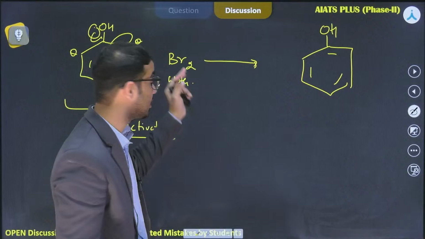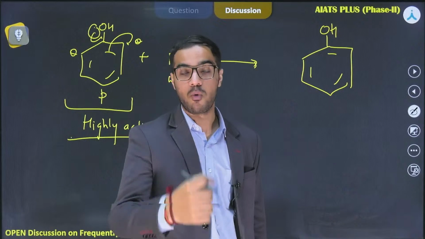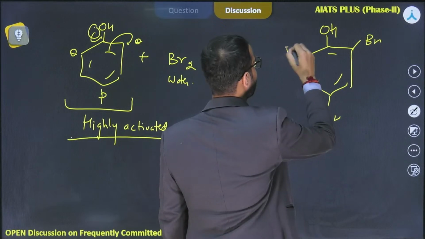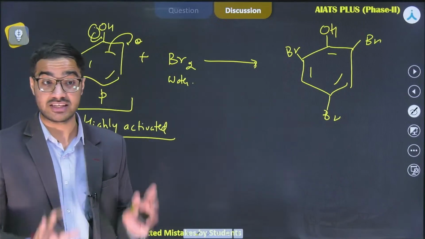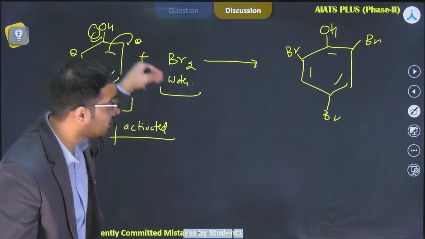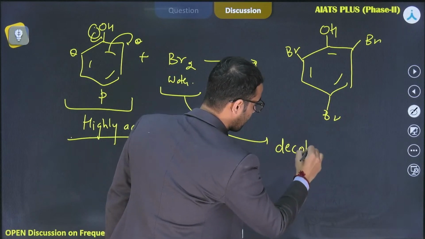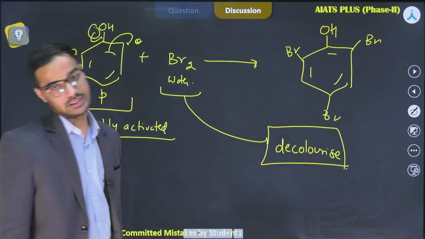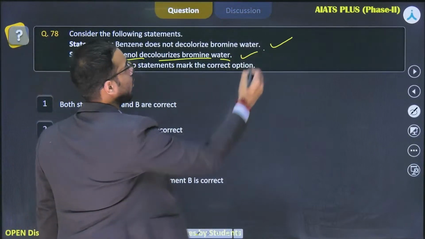And there is a presence of bromine water, so multi-bromination will take place, more than one bromination. You will get Br, Br and Br. This will be the case. It means the color of bromine water, which is reddish brown, will decolorize here. So statement B is also correct.